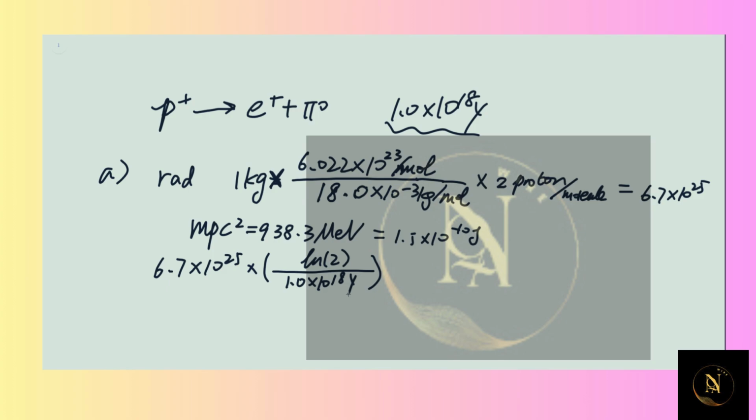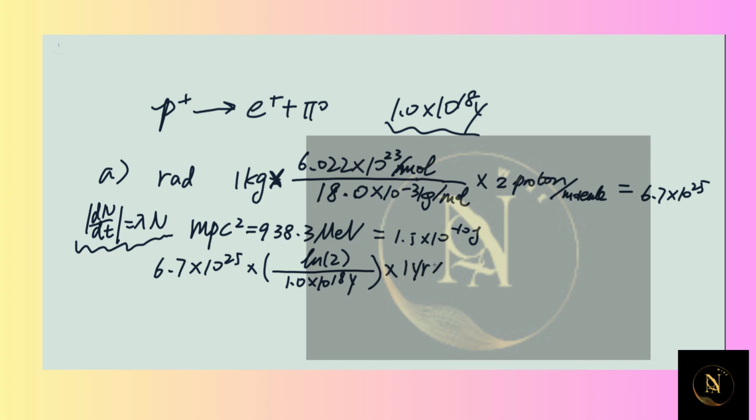This is the lambda we have, and let me remind you that dN/dt equals lambda N, and we're using this equation right now. And we know ln 2 over the half-life is going to tell us what lambda is.